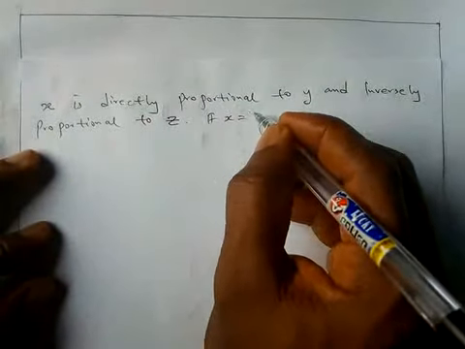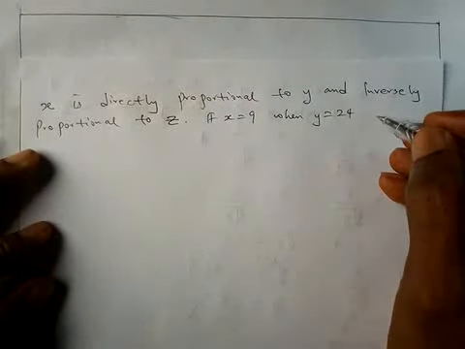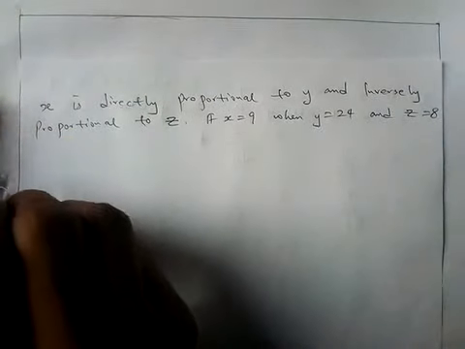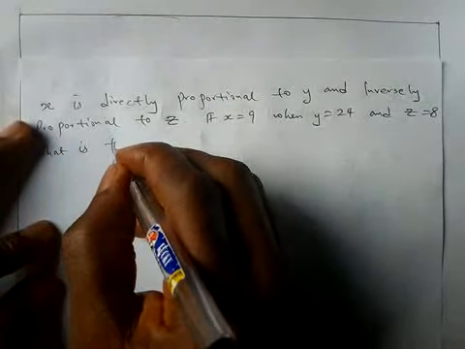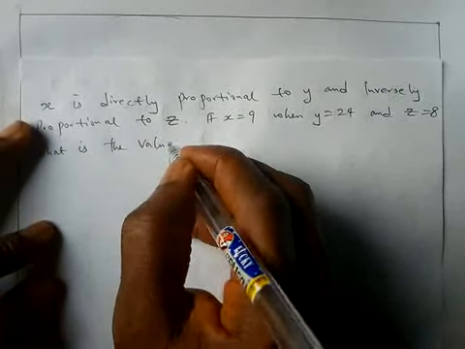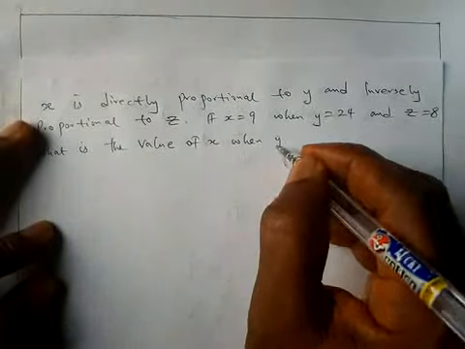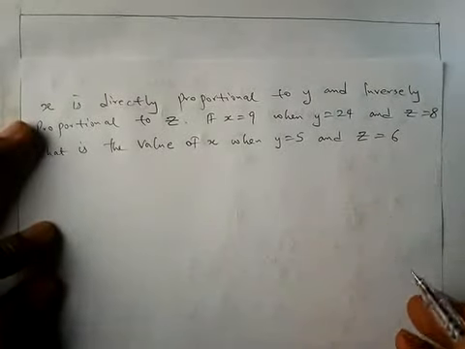If S is equal to 9 when y is equal to 24 and z is equal to 8, what is the value of S when y is equal to 5 and z is equal to 6?